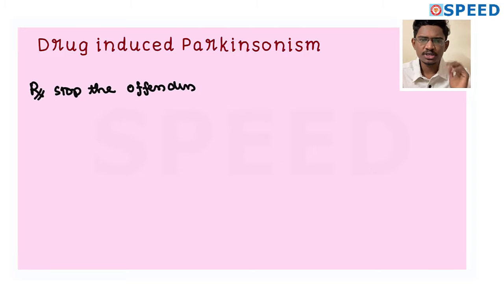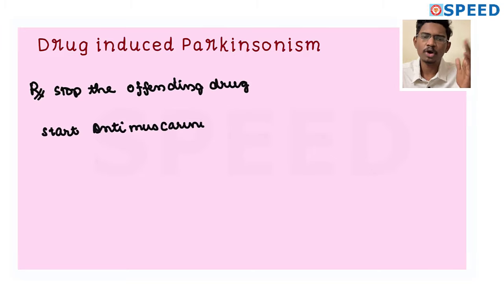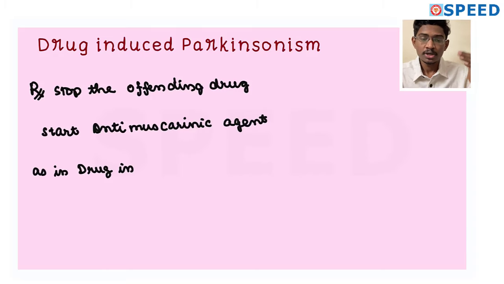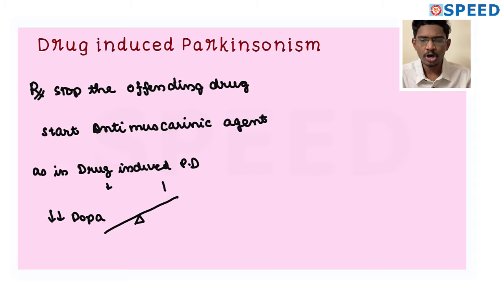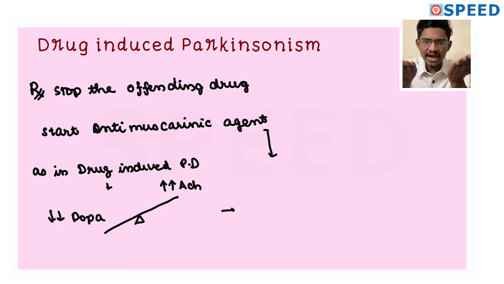Next, treatment: obviously stop the offending drug. Most patients will improve automatically, but in some patients you should give a central anticholinergic, because dopamine and acetylcholine share a balancing property in the central nervous system.